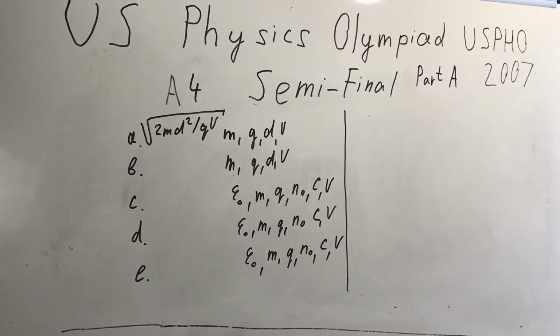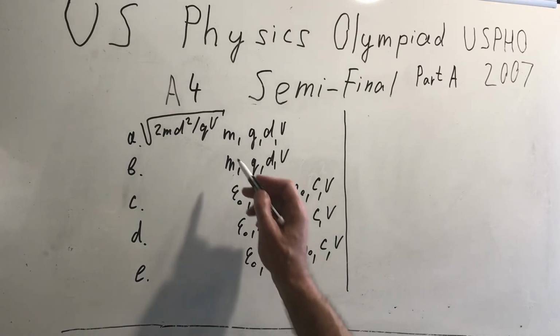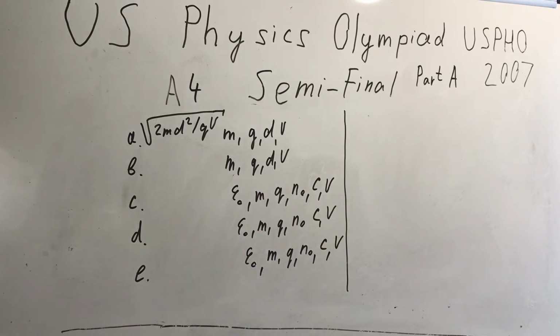Question B. Calculate the kinetic energy dissipated as thermal energy when one ball collides inelastically with the plate surface in terms of any of the following variables. That's kind of a tricky question because we already calculated the acceleration, we know the distance, and probably we would go to regular kinematics.